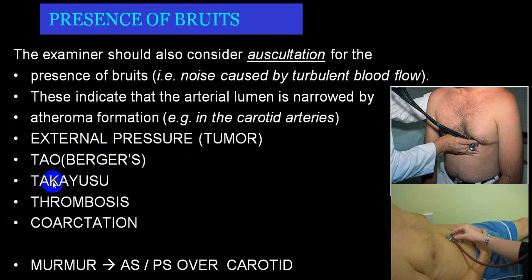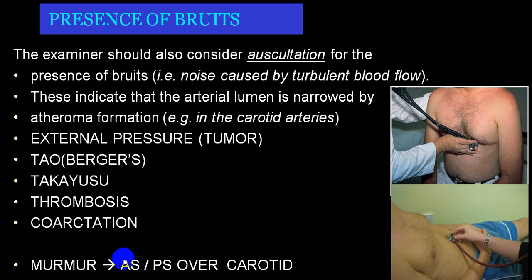In neck or upper limb vessels, in case of Takayasu disease, or again in case of thrombosis. Also just distal to the coarcted portion of aorta. This will be very classical. Because of narrowing, you get a turbulence of blood flow, and that produces a sound we call a bruit.